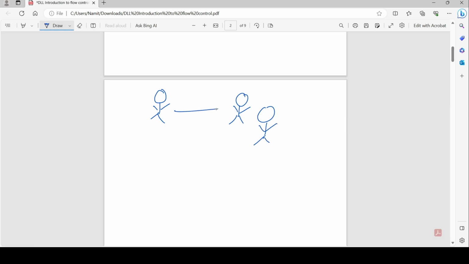Basically I am trying to share information to you. So there is one sender and whatever the number of receivers are. This one is the sender, and on the right hand side they are receivers.